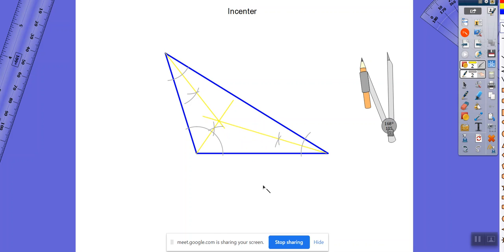That's a thing of beauty. And so this is called your incenter. The incenter is created by finding the point of concurrency of all of the angle bisectors.